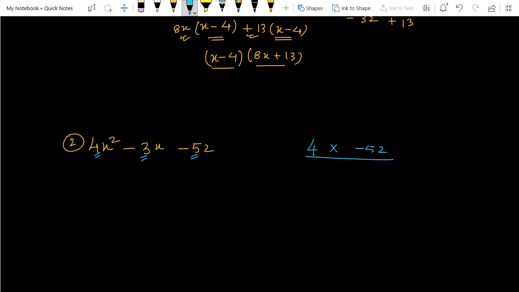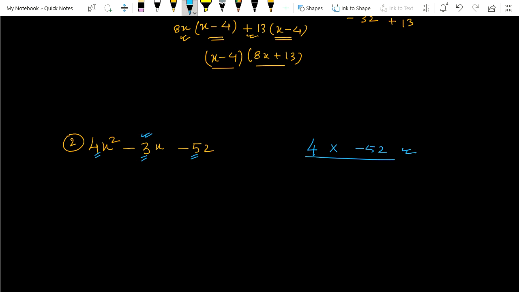But this pair is not useful because we cannot create minus 3 by adding minus 52 and 4. So with minus 52 and 4, we cannot create minus 3.